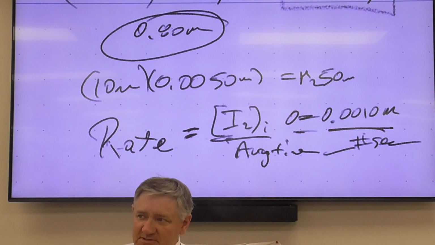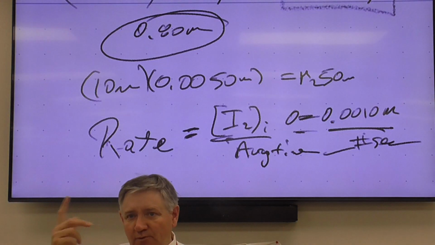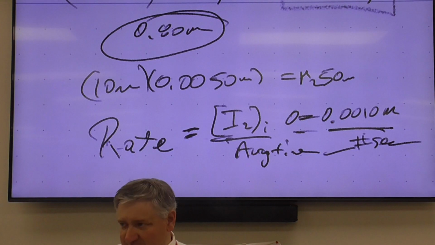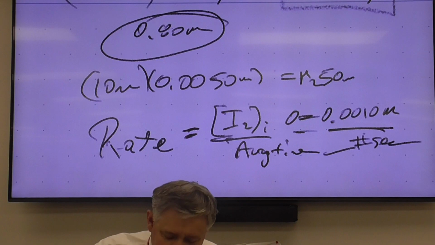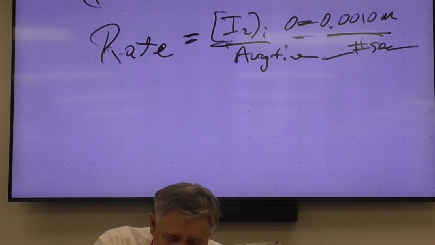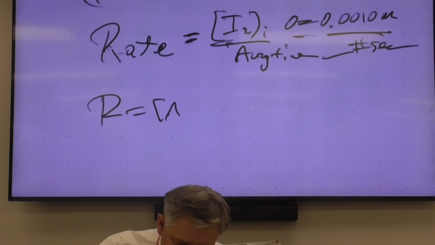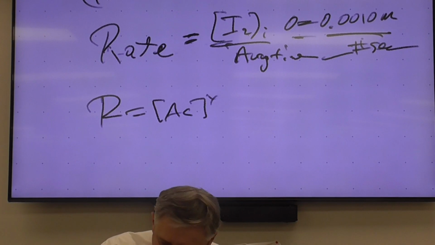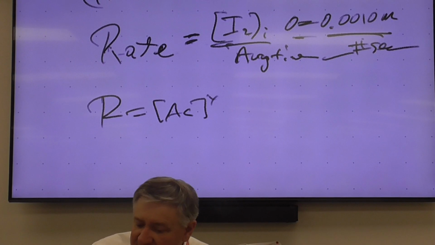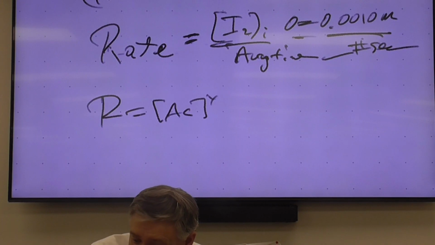Your big picture is eventually you're going to try and find the order of the acetone. So your rate is going to be the concentration of your acetone to the X, and I'll tell you exactly how this is going to play out.